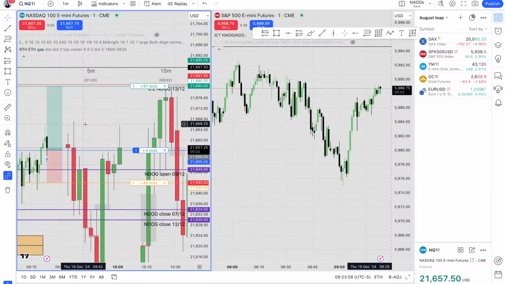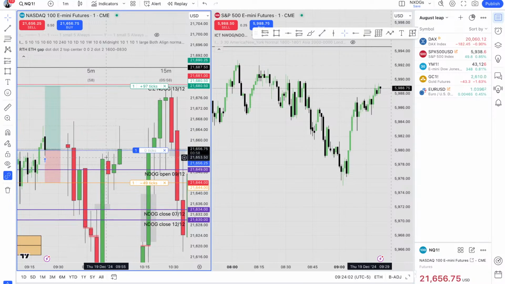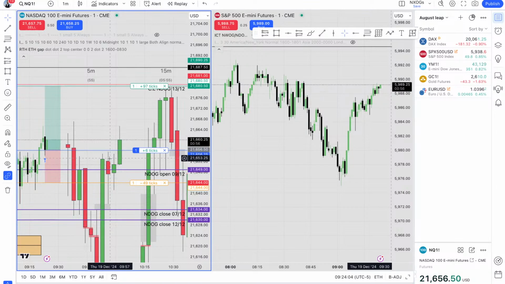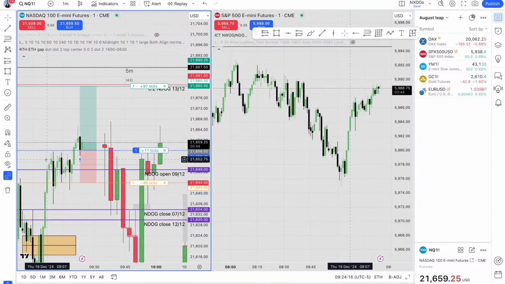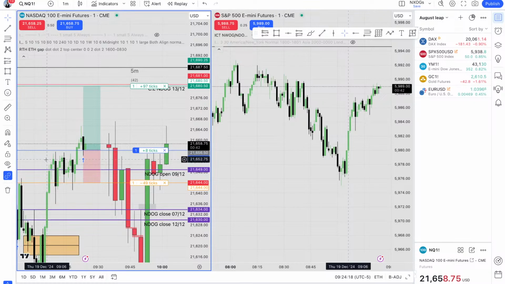I want this candle to close above this order block. That would be very efficient. This is what you always want. I'm telling you, a stop hunt, a bias, the right time.